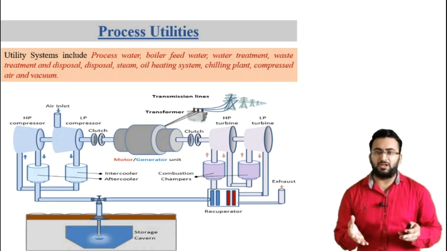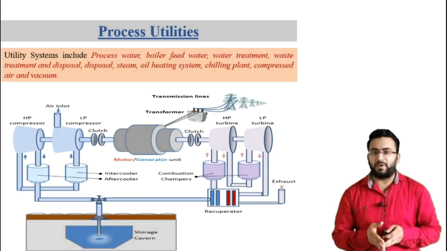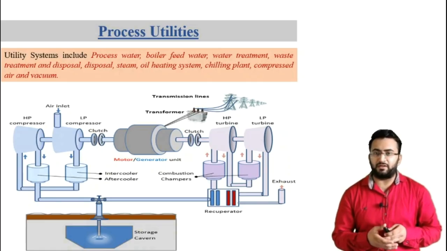So process utility includes process water, boiler feed water, water treatment, wastewater treatment, then the various methods for disposal such as landfilling and composting, steam used in a plant, oil heating system, chilling plant, cooling plant, compressed air and vacuum.